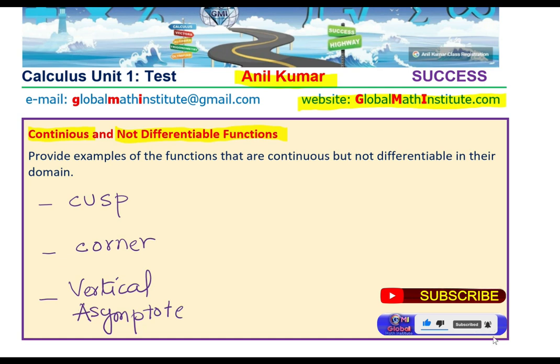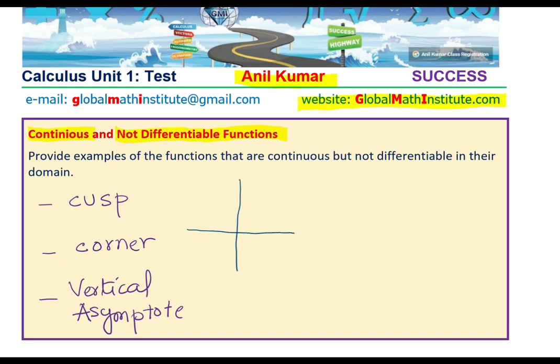So these are the three conditions when a function could be continuous but not differentiable. If I sketch the graph of each one of them, it will be absolutely clear. So I'll just sketch three functions here.